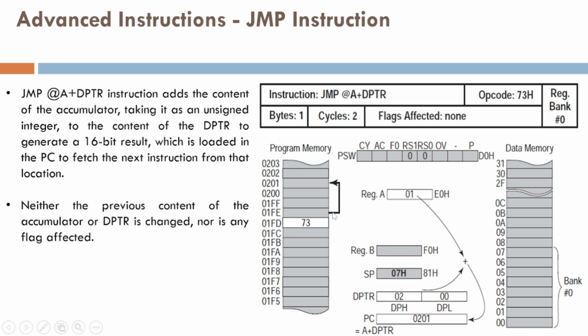After the fetching of this instruction, the microcontroller decoded it and understood that it has encountered a jump instruction at the rate A plus DPTR. So it will add the initial content of the accumulator and the DPTR, and then move to the designated address, which is shown by the content of the program counter.